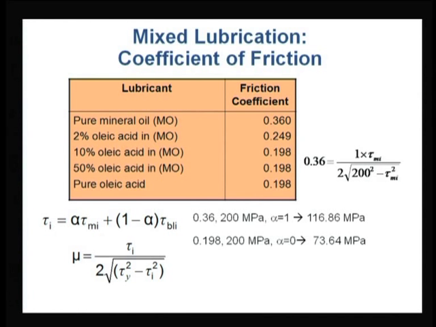If I make alpha equal to 0, that means tau I will turn out to be tau BLI. I can substitute tau BLI over here. I know the coefficient of friction, which is 0.198, and I can simplify and find the interface shear strength, which turns out to be 73.64 megapascal.